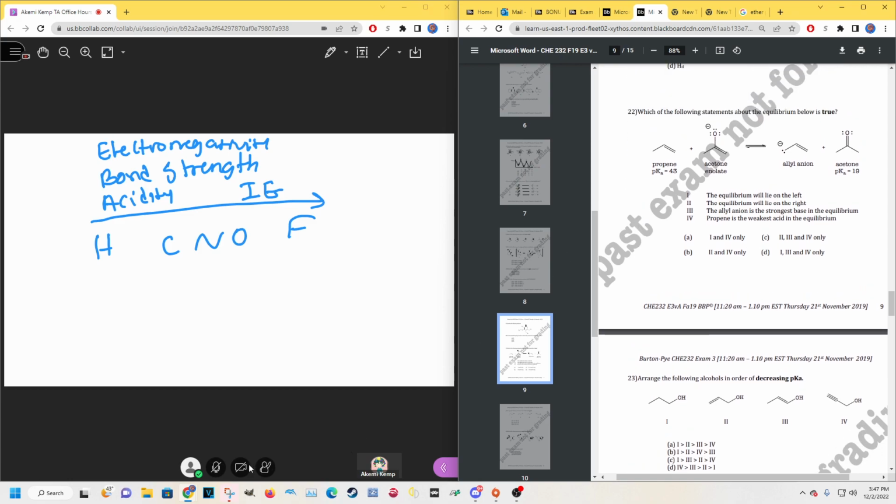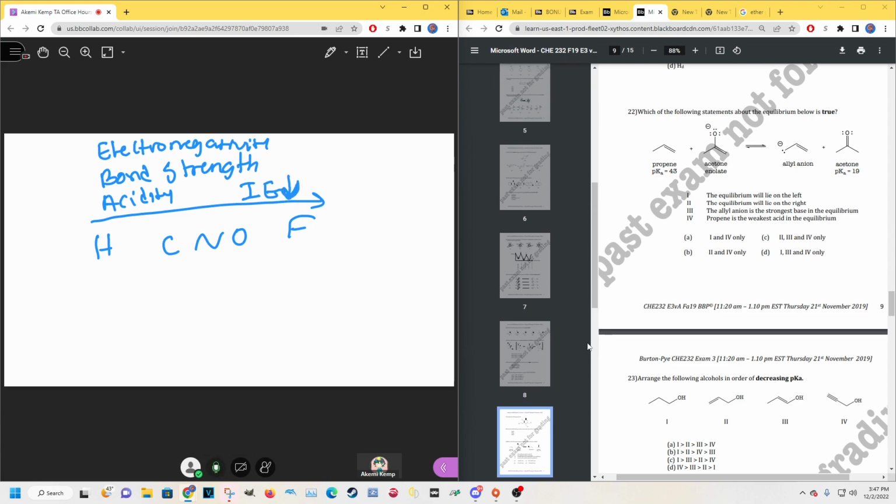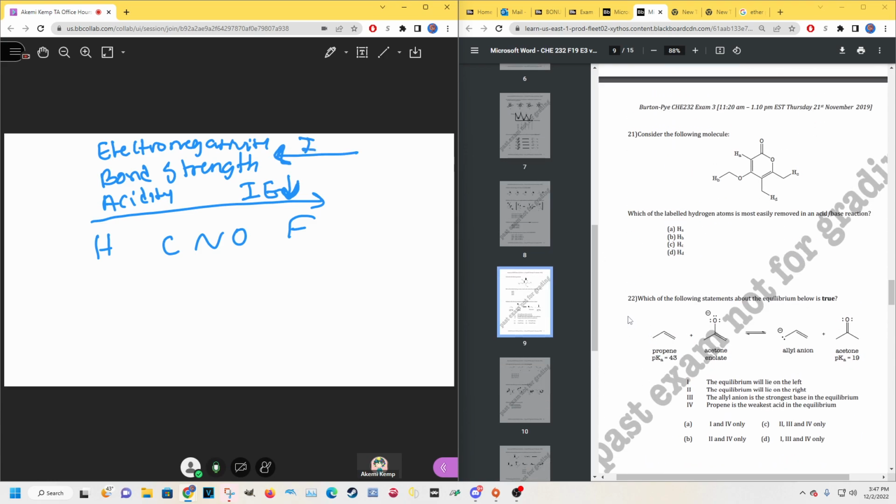Wait, does that decrease left to right then? I believe it increases the opposite way. No, I was right. It increases this way because as electronegativity increases, the electron energies are lower.